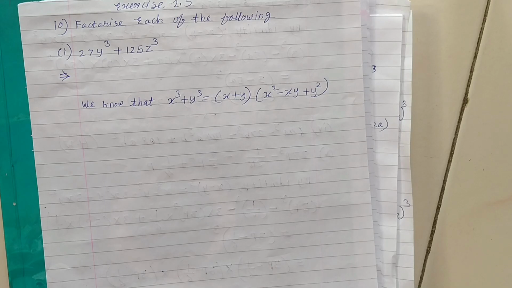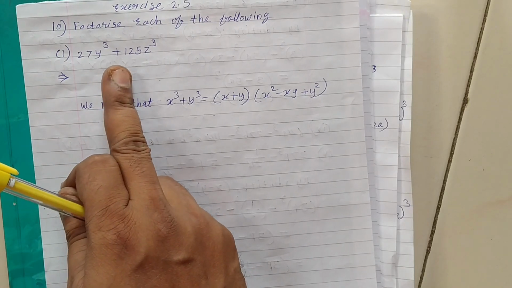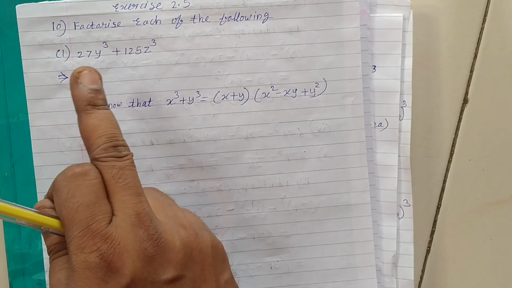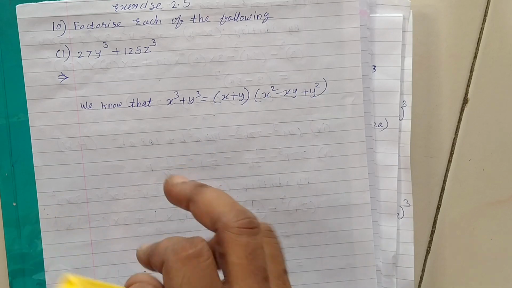Now previously in question 9 we have seen x cube plus y cube is equal to bracket x plus y multiplied with x square minus xy plus y square. That means if the sum of two terms is in cube form, then we can expand it.